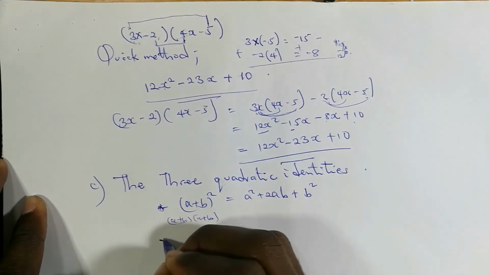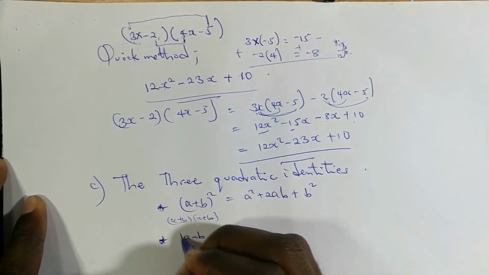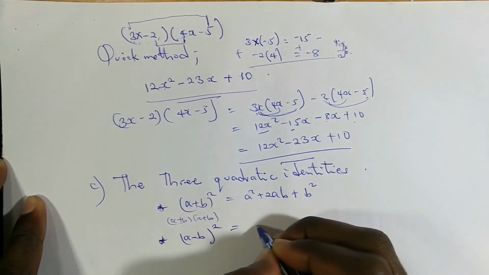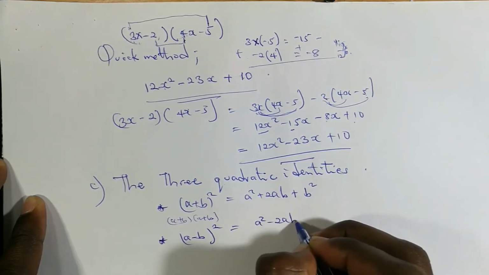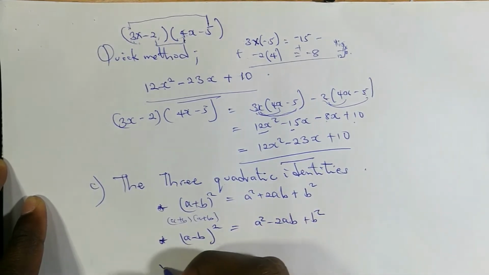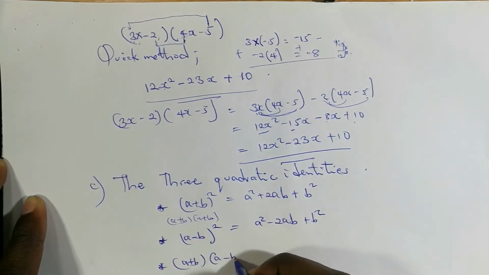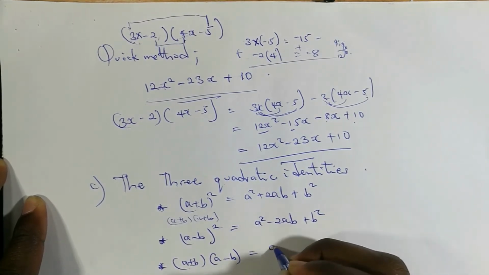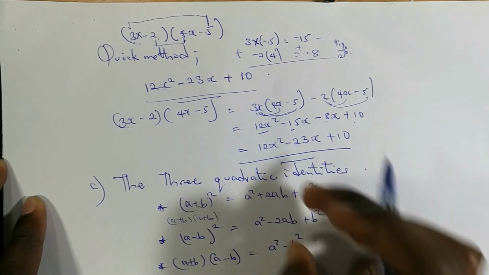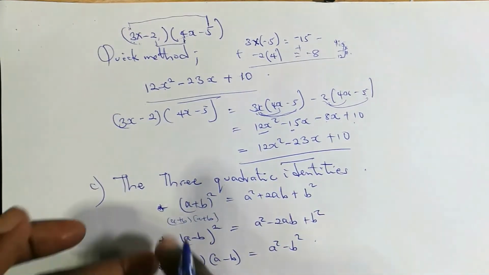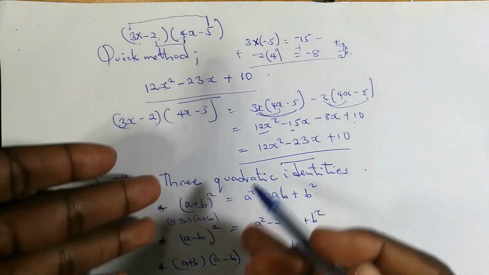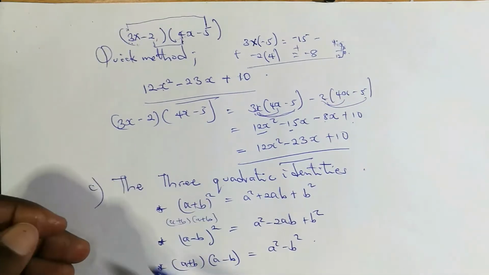Another one is (a - b) squared giving us a squared minus 2ab plus b squared. And the third one is (a + b)(a - b) giving us a squared minus b squared. You're going to see how this comes about, but if you follow the normal way that we covered before, you can still read this.